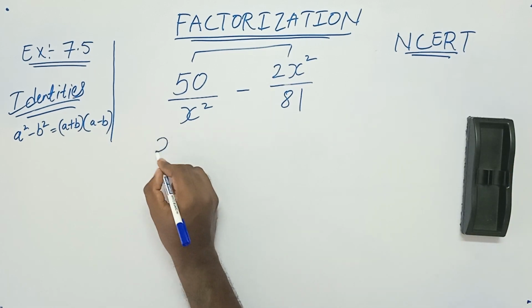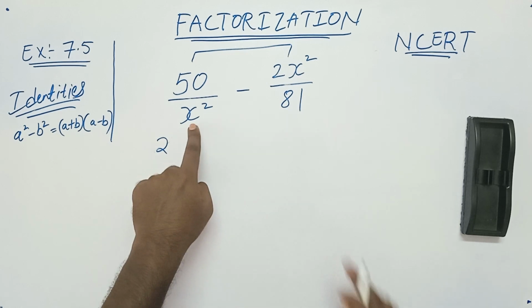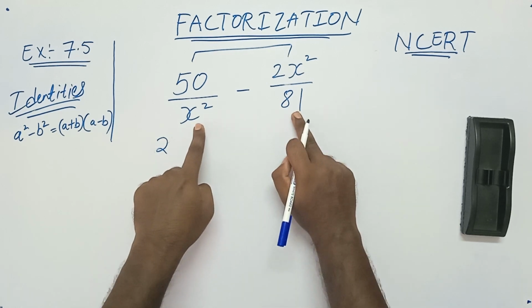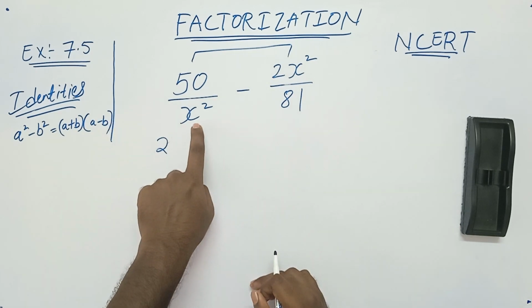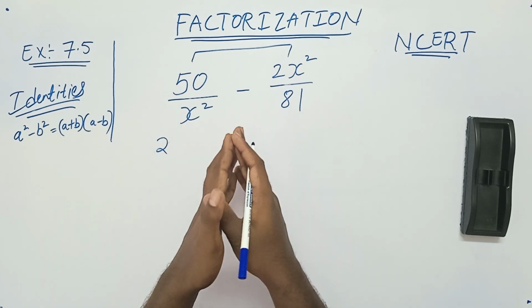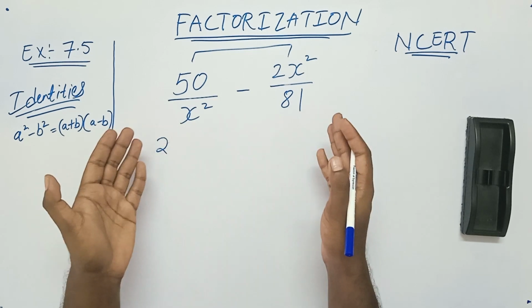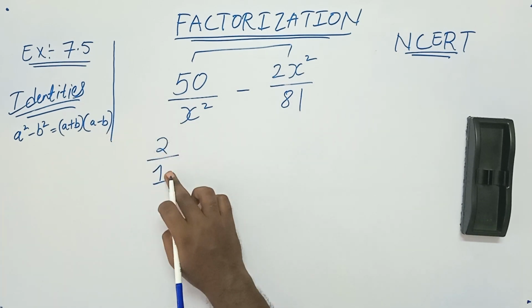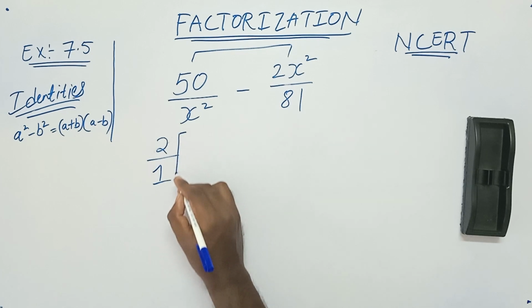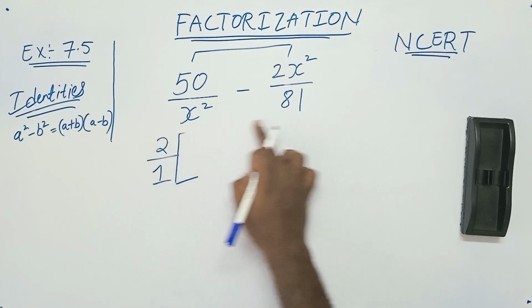If you take 2 as a common, if we observe the denominator x square and 81, we cannot take a common, because here is x square, here is 81, so those values are different. Now we are going to divide this whole expression by 2.